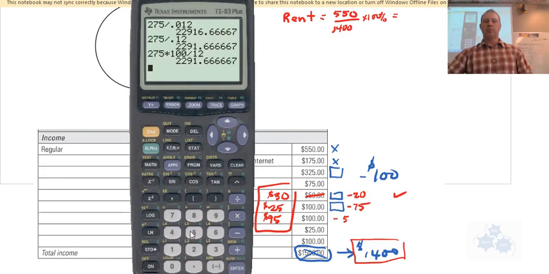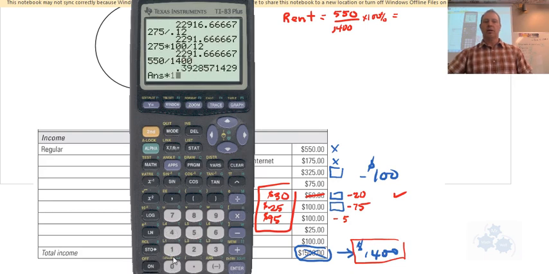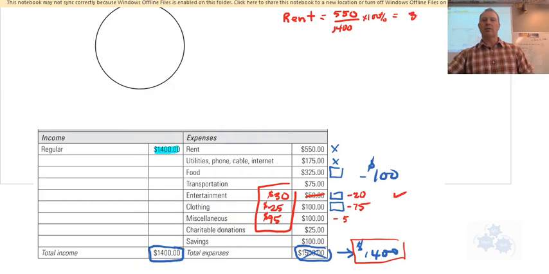So let's do that. 550 divided by 1400 times 100% is going to be 39. So let's round this to the nearest whole number. Okay, so that's going to be 39%. Okay, so utilities, phone and cable. You guys see what we're doing here?